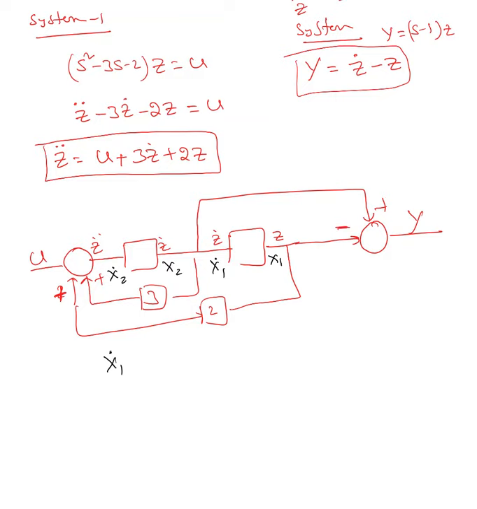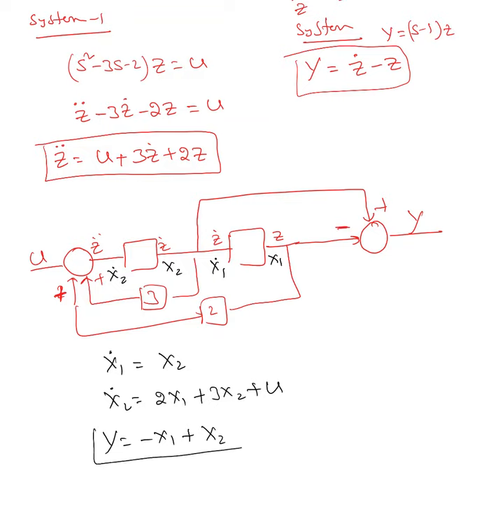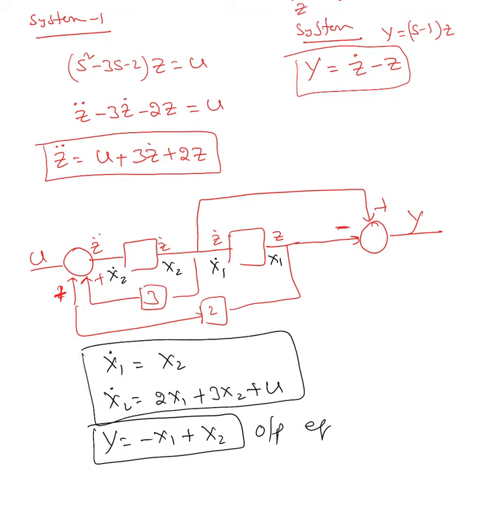So x1 dot equals x2, and x2 dot equals 2x1 plus 3x2 plus u, and the output equation is y equal to minus x1 plus x2. So this is my output equation. These are my state equations, since there are two.